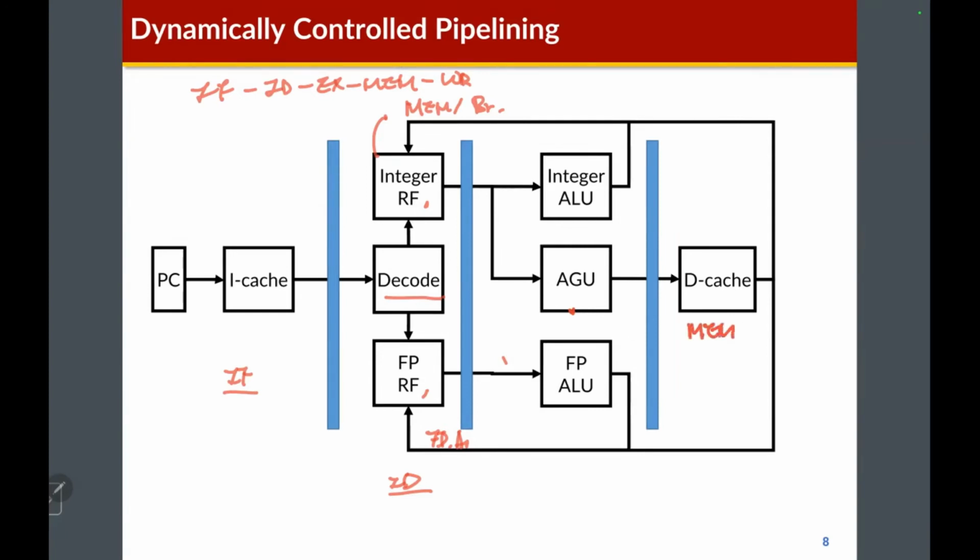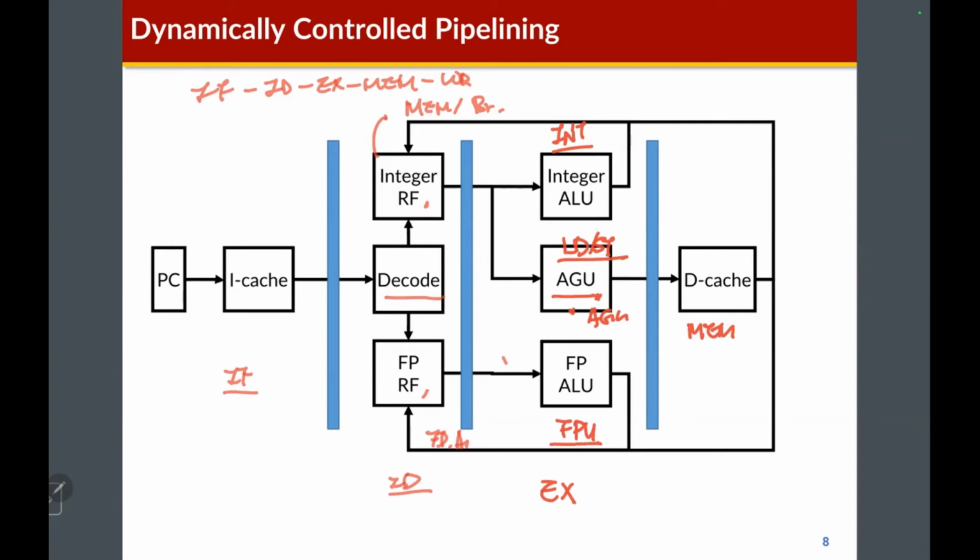So this is the memory path. In the execution stage, we can have the integer unit, and then the memory unit, like the load store unit. And the load store unit includes the address generation unit, AGU. And then we can also use the floating point unit, FPU here.